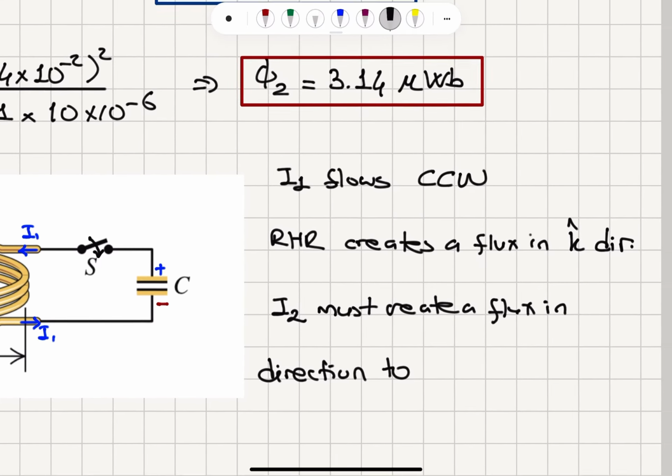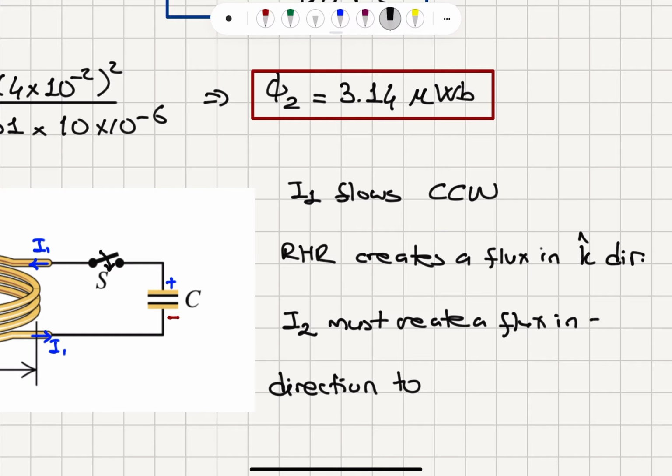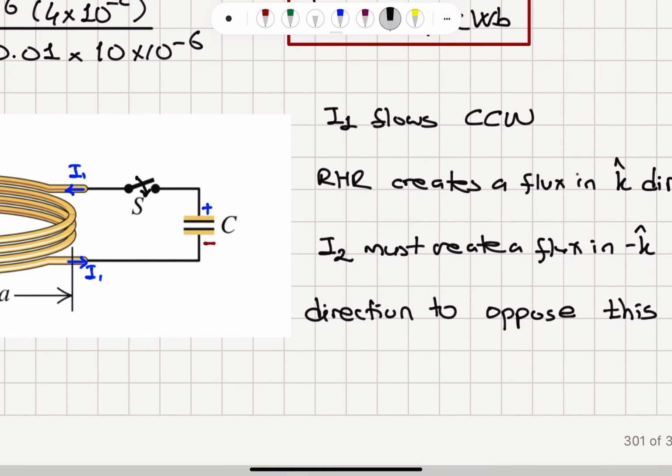I2 must create a flux in minus k hat direction, to oppose this increasing flux.